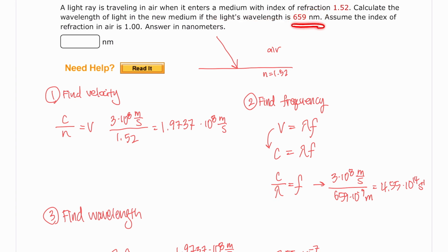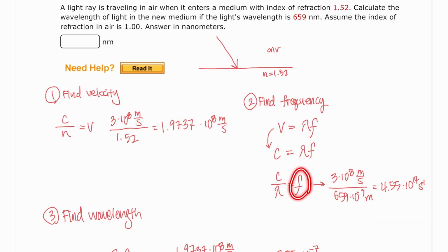This 659 is the light's wavelength in a vacuum, and that's what I would put in here. I put in the speed of light and the wavelength in a vacuum, and that's how I got this frequency. You can only use this equation in a vacuum.